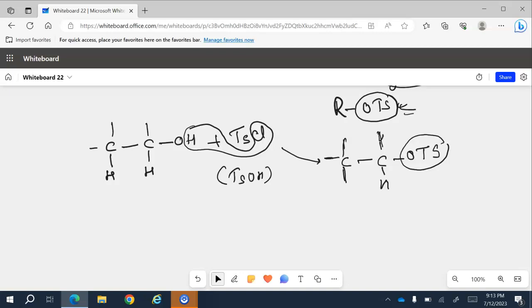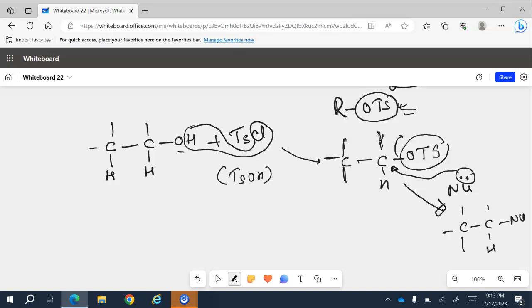Now, once you have this excellent leaving group there with this tosylated product, either you can do a substitution reaction. You can react with any nucleophile, say for example OH or CN, and that will attack on carbon, the leaving group will leave, and then you have the nucleophilic substitution reaction.